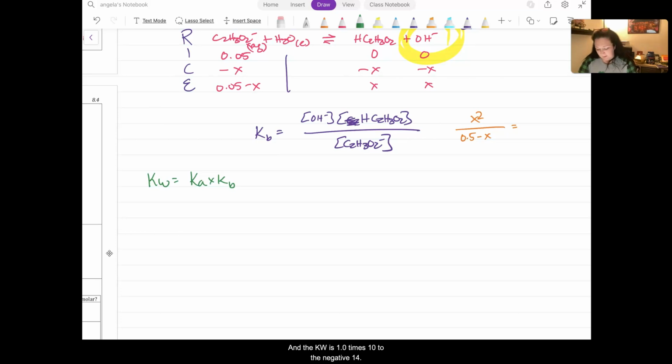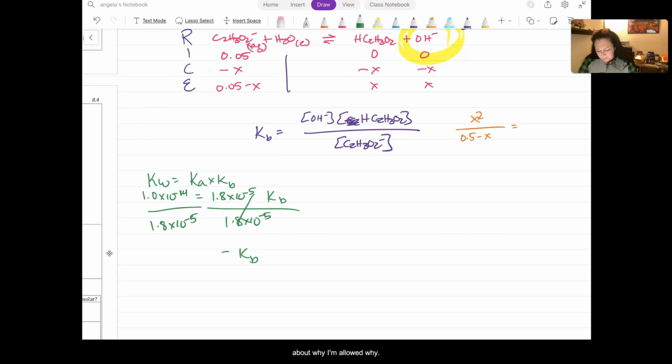Kw is 1.0 times 10 to the negative 14, and that equals the Ka, 1.8 times 10 to the negative 5, times the Kb.